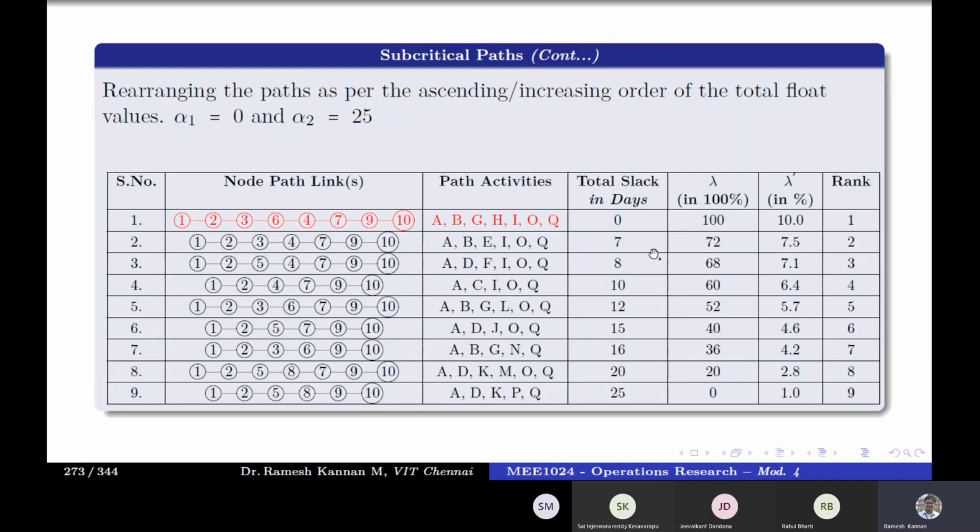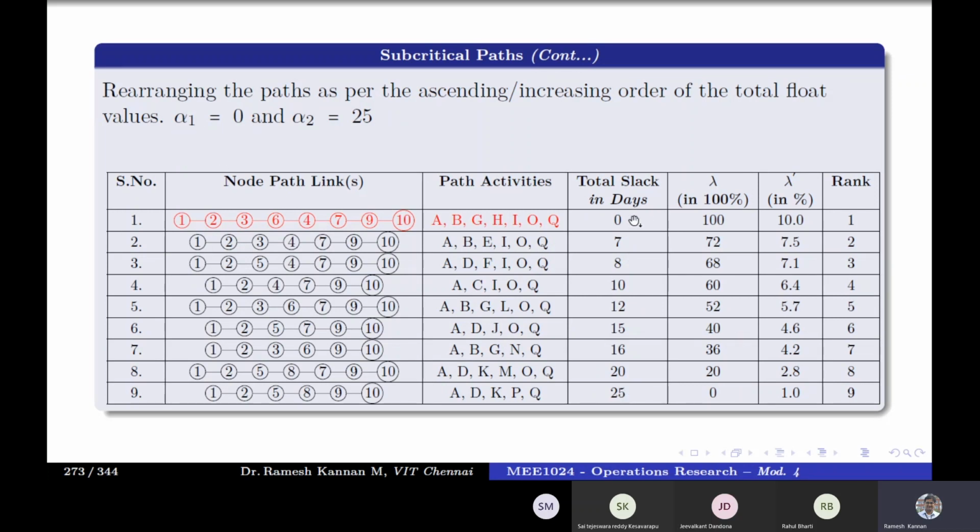Say, for example, we will arrange in ascending order of the total slack. Initially for the critical path it is 0, the next is 7, 8, 10, 12, 15, 16, 20, and 25. This is the maximum value, alpha 2. And alpha 1 is 0.